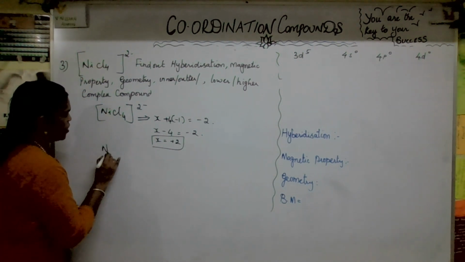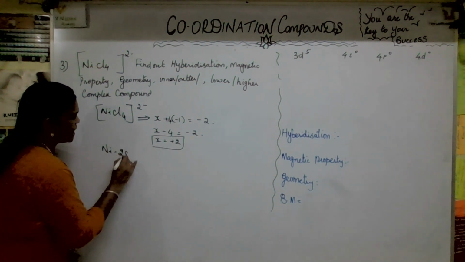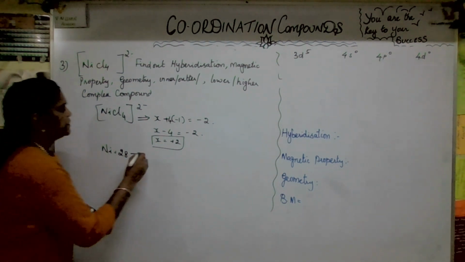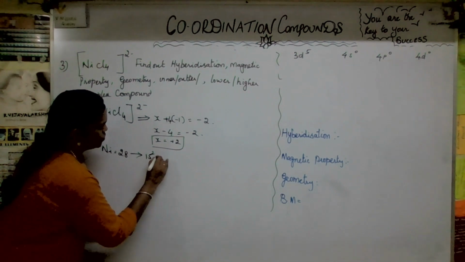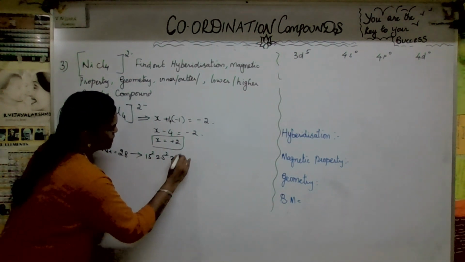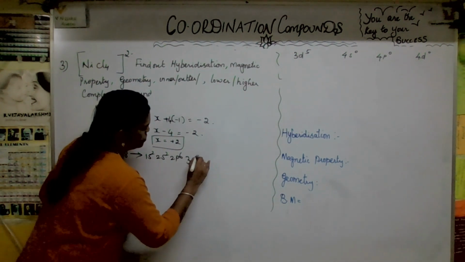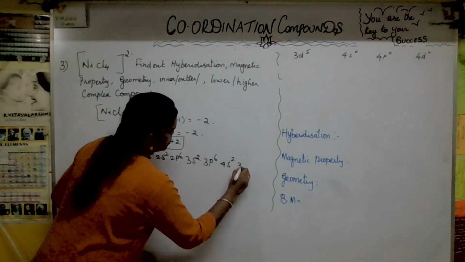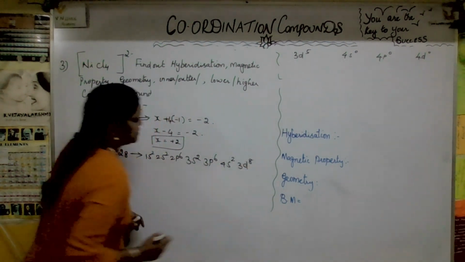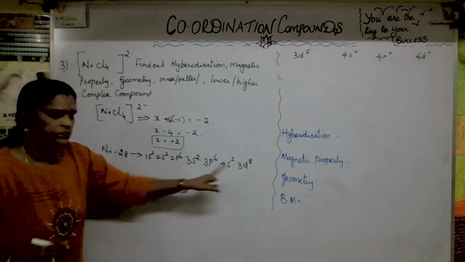Right. Now, next one, electronic configuration we have to write. So nickel atomic number is 28. We have to write its electronic configuration: 1s2, 2s2, 2p6, 3s2, 3p6, 4s2, 3d8. Right? You got it?